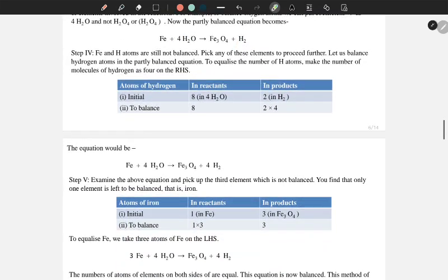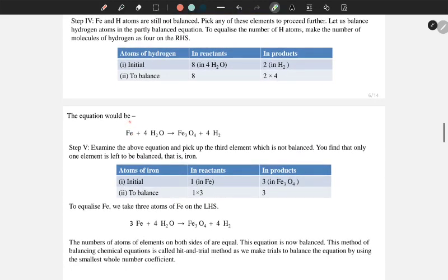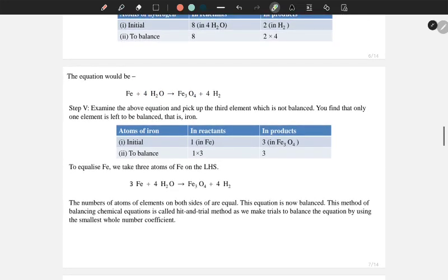So now the balanced equation becomes iron plus 4H2O gives Fe3O4 plus 8H2, okay. Now oxygen and hydrogen are balanced here. Now we will balance iron. Initially, on the reactant side how many irons are there? There is only 1 iron, right?